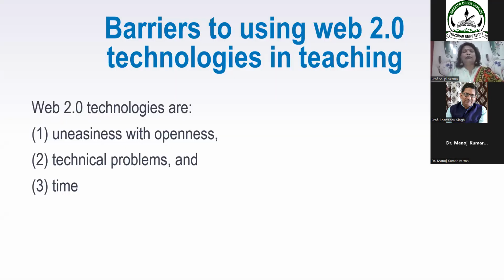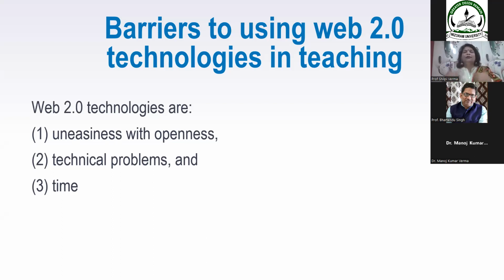So when we are talking about Web 2.0 technologies, there are a few barriers also. Few people are, you can say, kind of introvert, a little bit shy. They don't want to share their information on a public platform, they don't want to post anything on Facebook. So it is a little bit uncomfortable for those kinds of people.